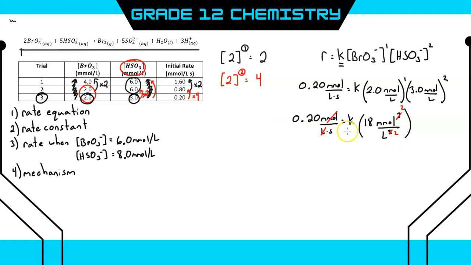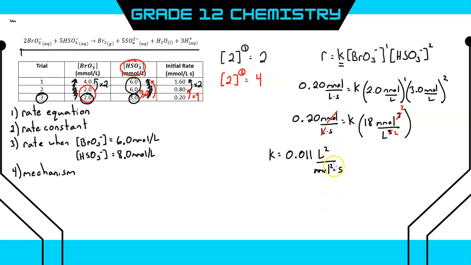So when we divide both sides by 18, we're going to get K equal to 0.2 divided by 18, which gives us 0.011. And then when we divide by these units, we are getting liters squared per millimole squared seconds.